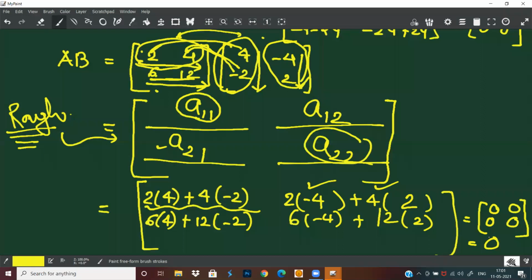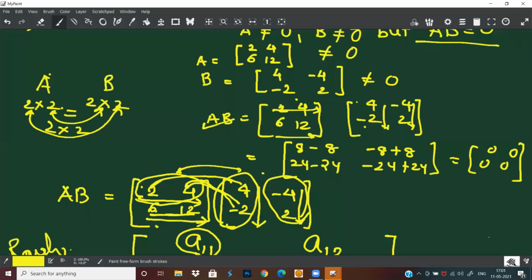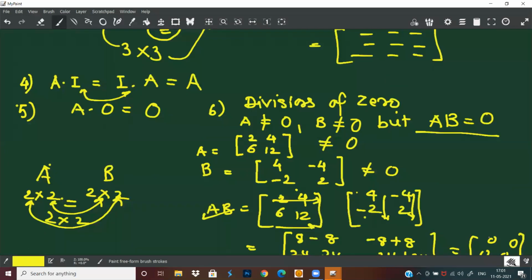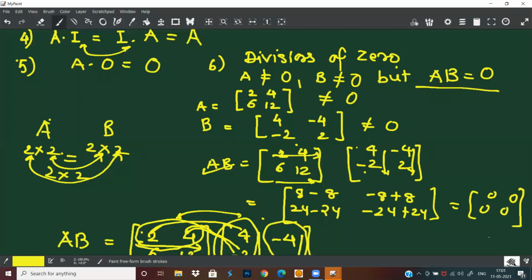This was a part of the property, na? Divisors of 0. ये देखो.